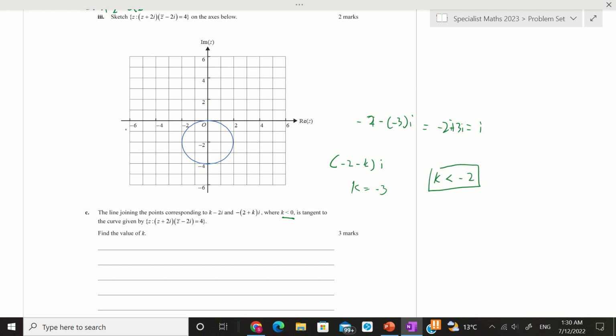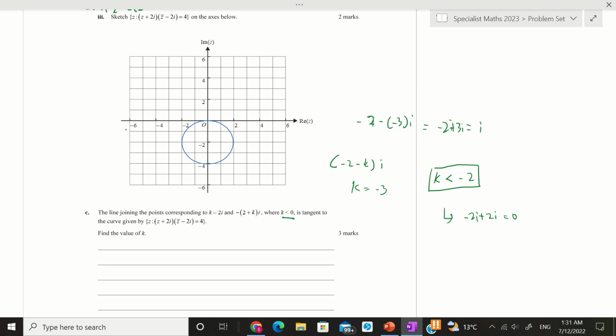The reason is, if k equals negative 2, then I'd get minus 2 plus 2i, so minus 2i plus 2i, which gives me 0, and I can't have 0. I can't have something just lying on the top of the circle. It needs to be tangent, so the line joining the points needs to be tangent. So k also needs to be less than minus 2. It's not really that important to solving this question, but just something interesting that I found.